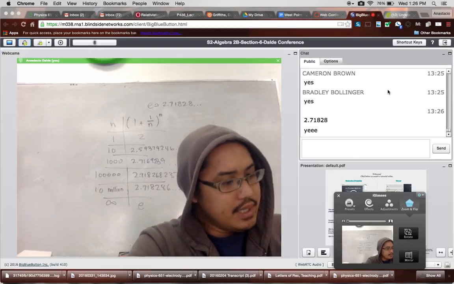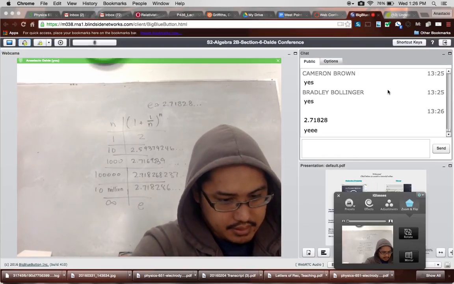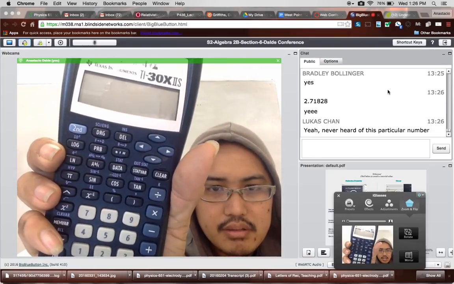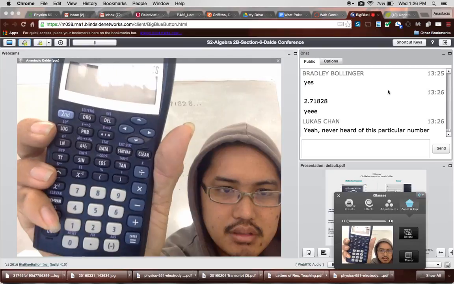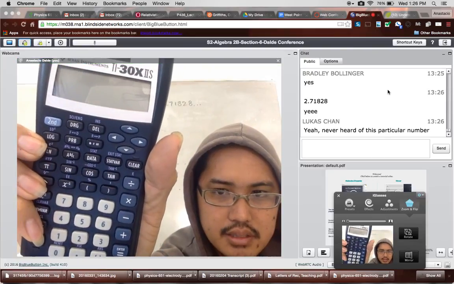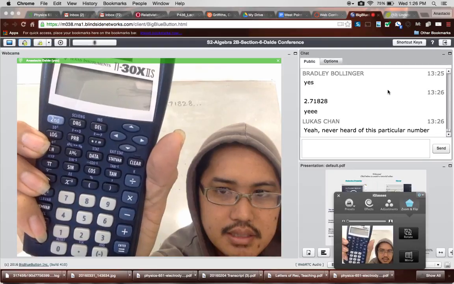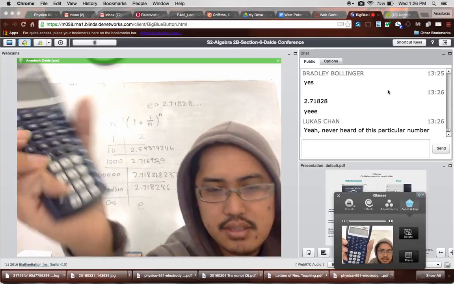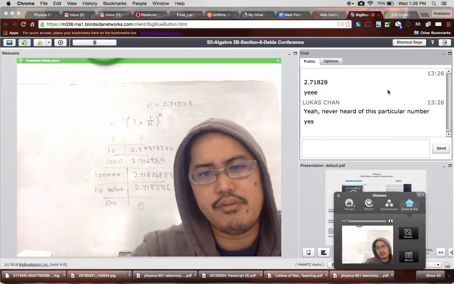And the reason why they don't memorize this number is because it's on your calculator. See this button right here above ln? e to the x? That's all we need for using it.